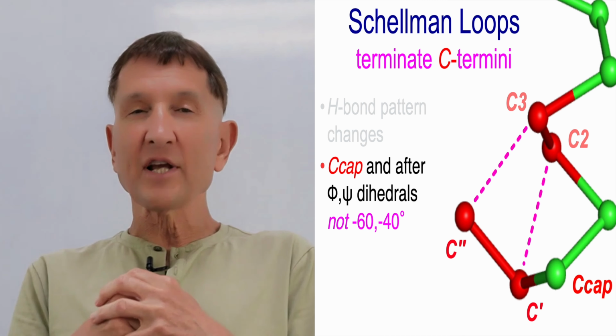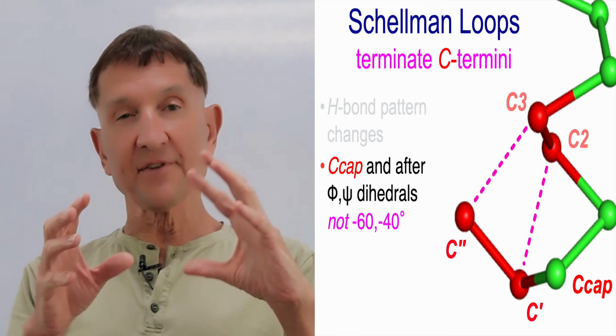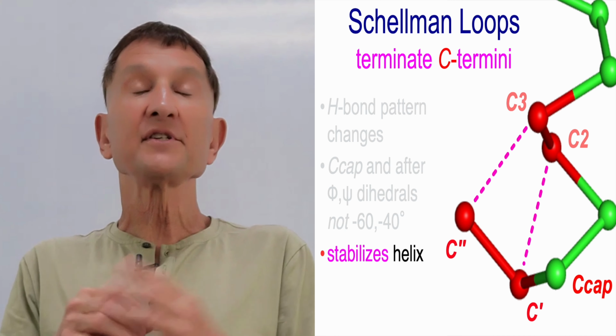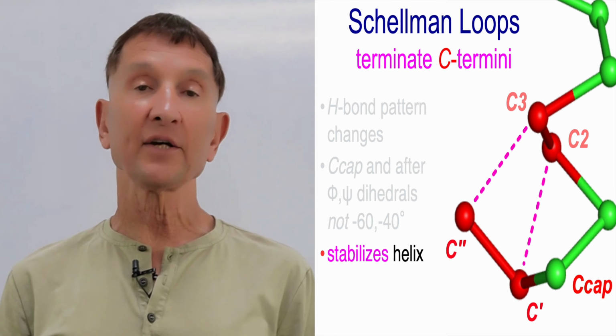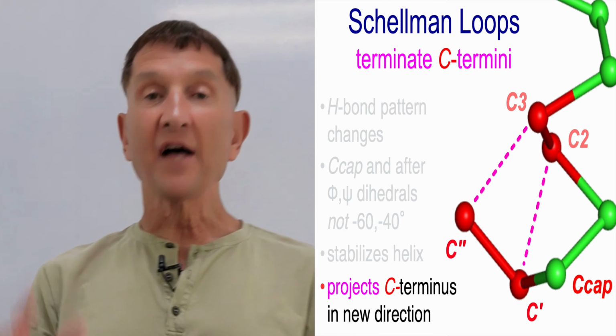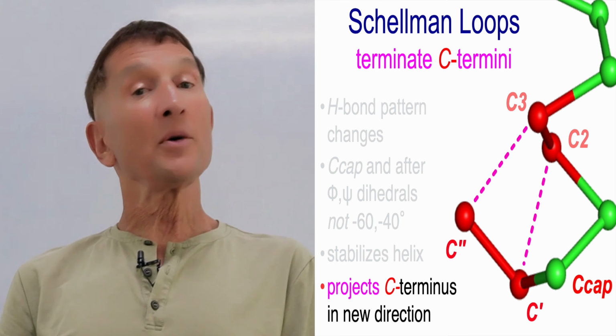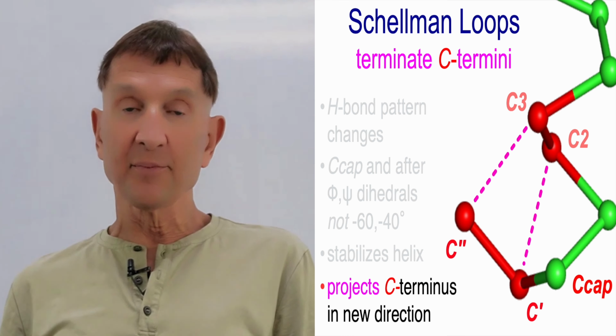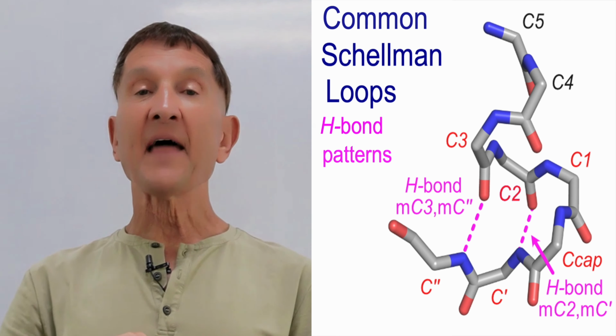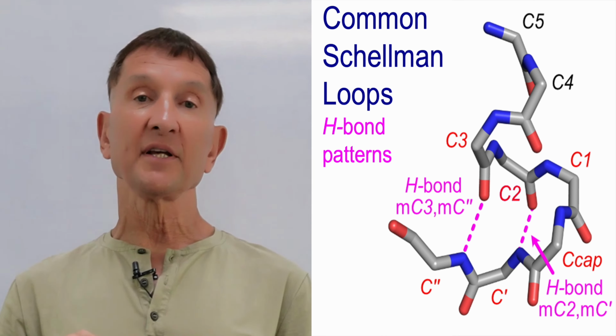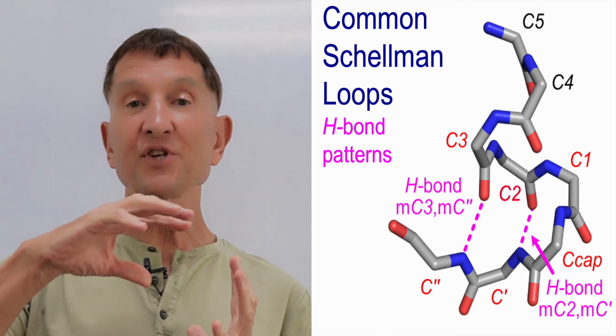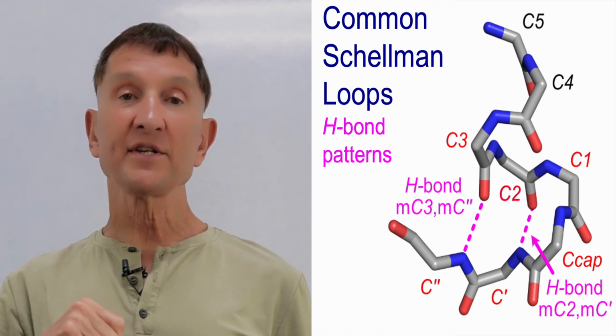There's one special residue called the C-cap, and that is the first not to have the typical phi-psi dihedral angles for an alpha helix. Besides terminating the helix, Schellman loops are thought to stabilize them as well, and that's what we wanted. Common Schellman loops are identified by a particular hydrogen bond pattern. That pattern is very similar to in a helix. It's just twisted, one residue around.